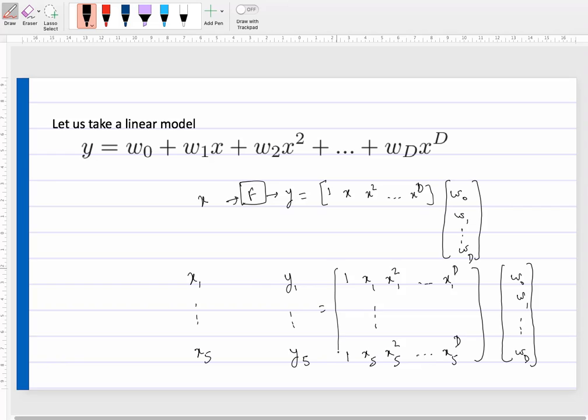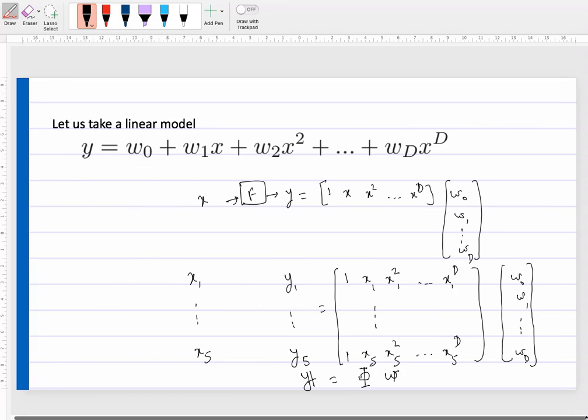Let me represent this like, I call this vector y. This is my vector notation. I call this a matrix phi, and I call this a vector w. So I can write all my 5 samples like this, right? Is this clear?